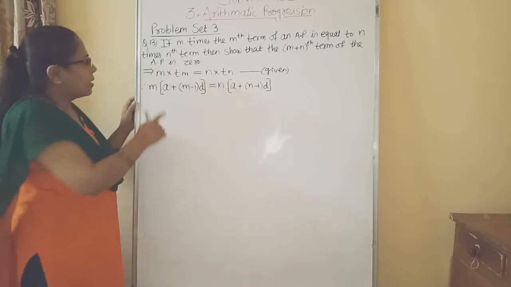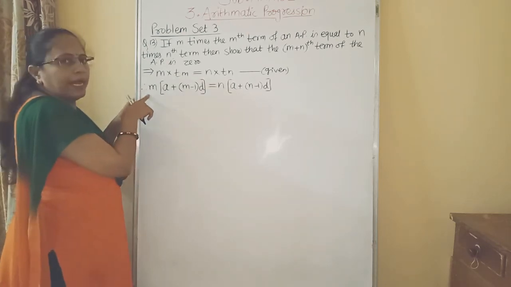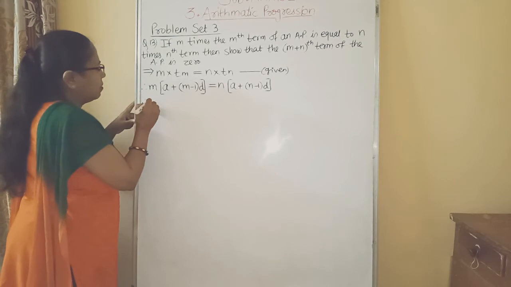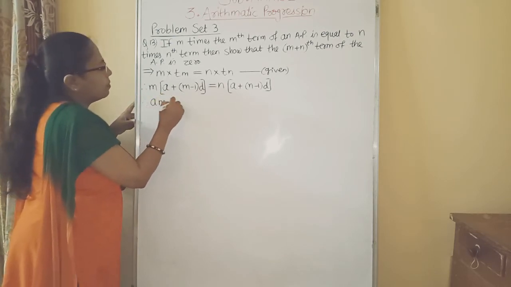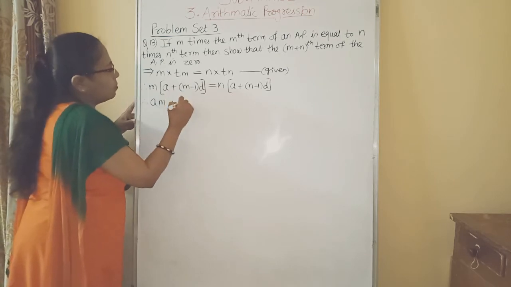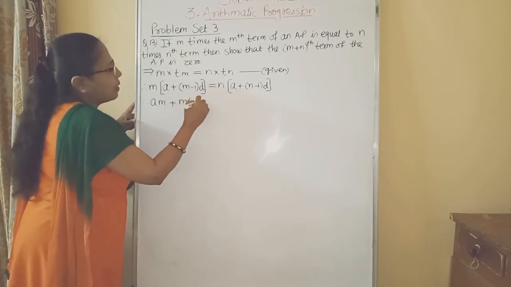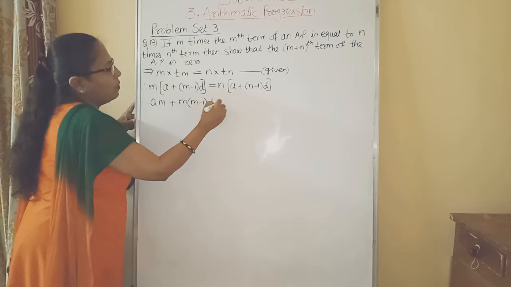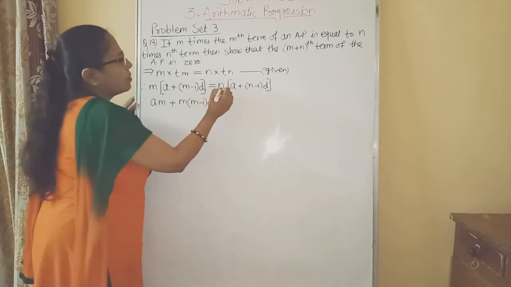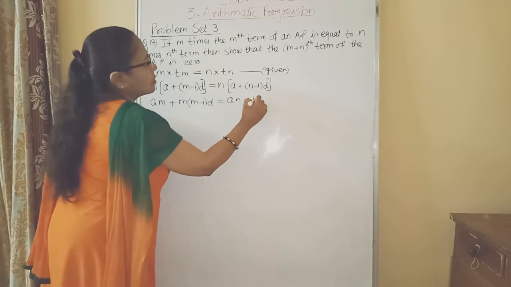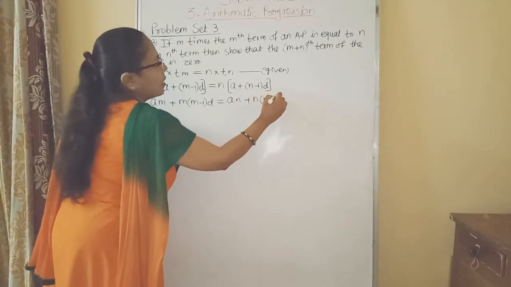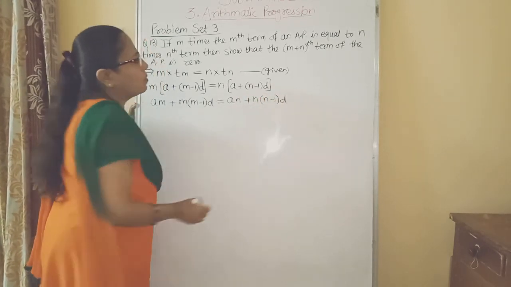Now we will multiply this bracket by m. First m into a, we will get am, plus m into bracket m minus 1 into d, equal to n into a, an, plus n into bracket n minus 1 into d.